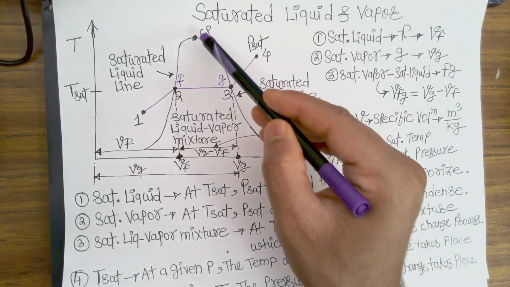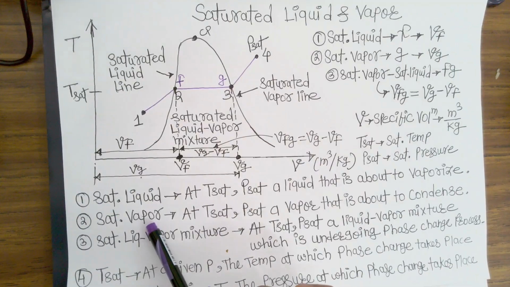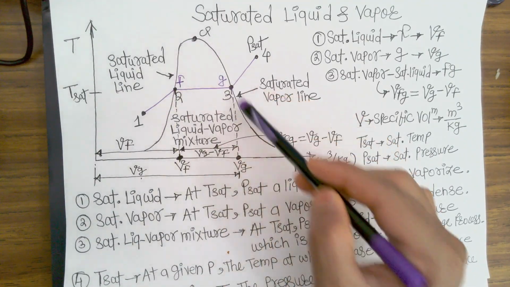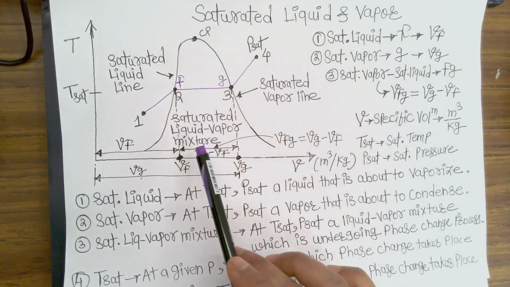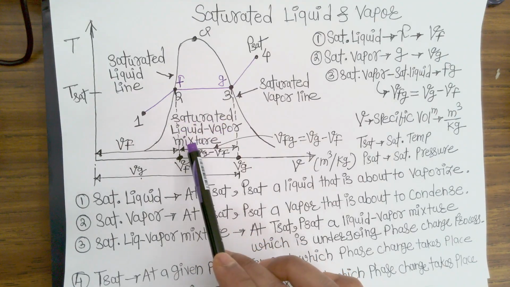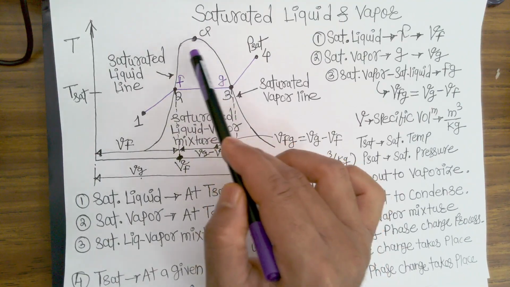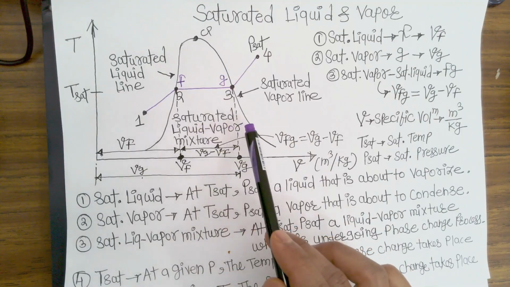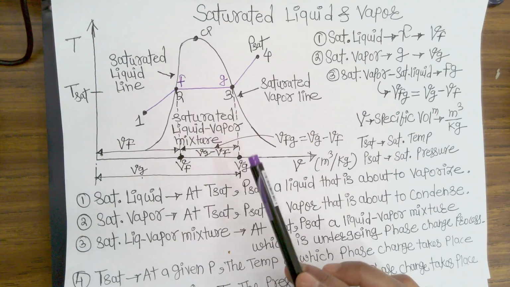That means any point on this line represents saturated vapor condition. Now this area between these two lines is represented as saturated liquid vapor mixture region. That means any point in between these two lines represents a saturated liquid vapor mixture condition.